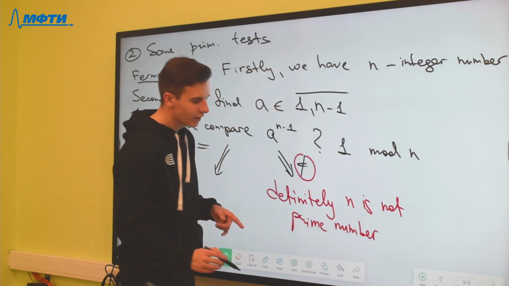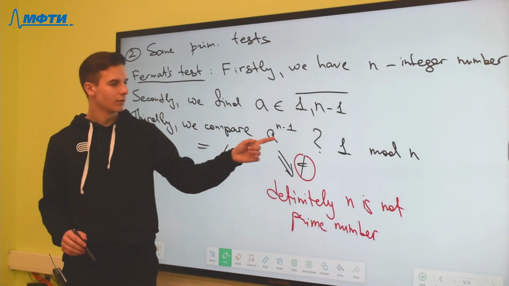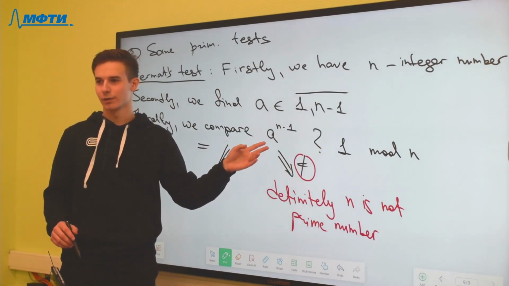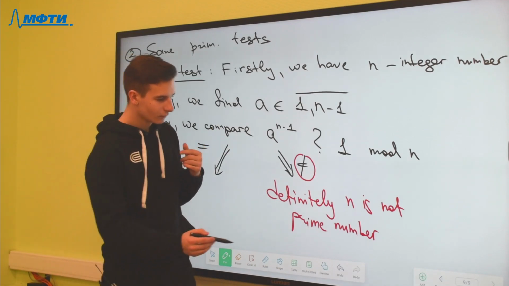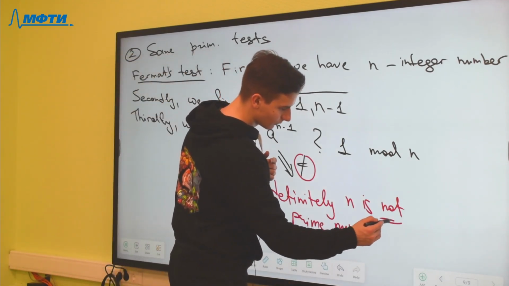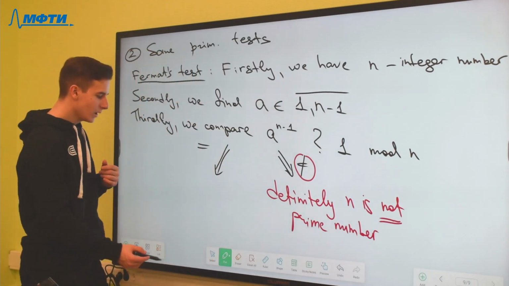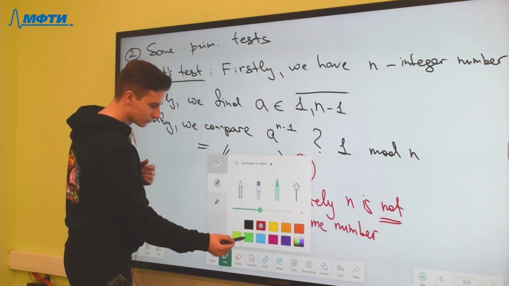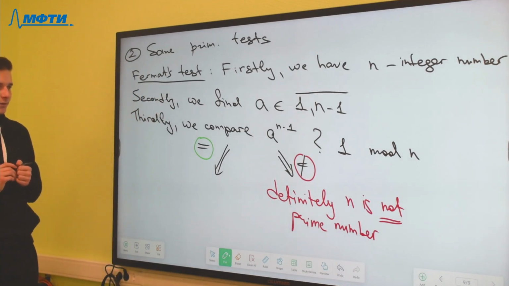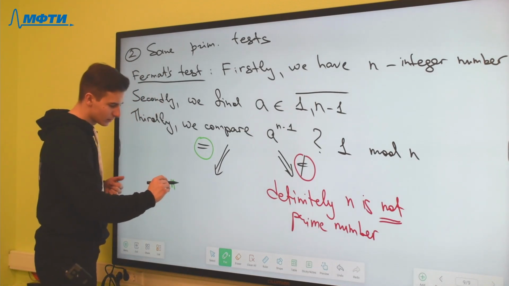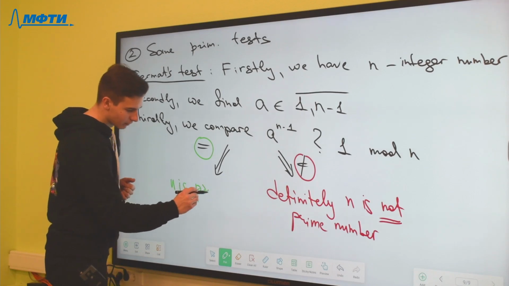Because for every prime number, we have equality here. But in this way, we say that n is a prime number.